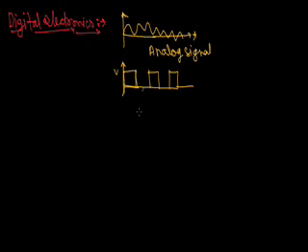Whenever we use this type of signal, it is called digital electronics. Digital electronics is used in many applications like phones and computers; internal circuits only work on digital electronics. It understands only digital binary language.